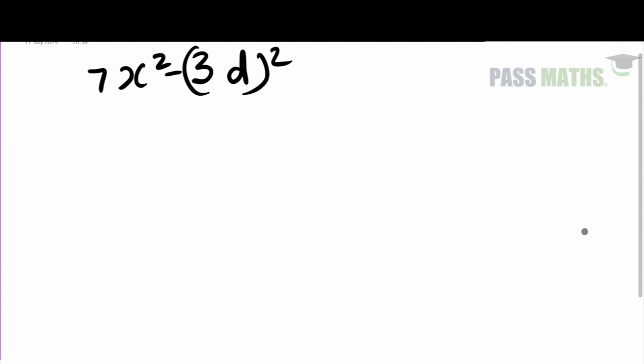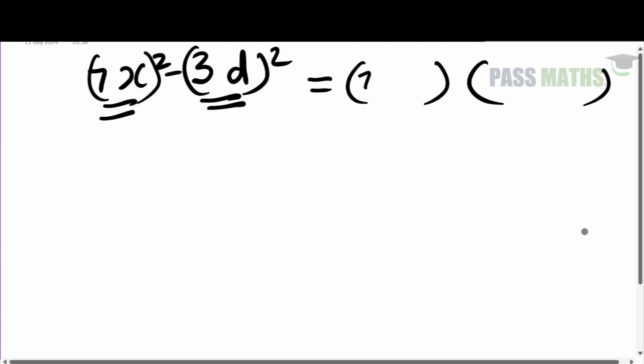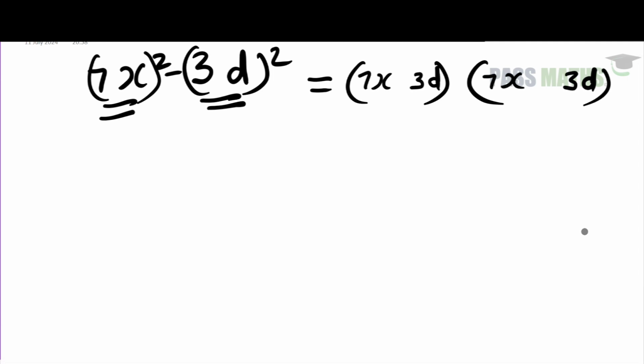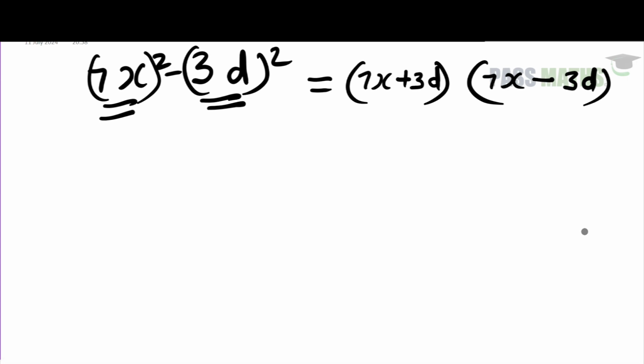Now these are the difference of two squares. 7x squared, 3d squared. So what we can do, we put two brackets first. Then we do 7x, 3d, 7x, 3d. It doesn't matter, you put plus here, minus here or other way around. So 7x plus 3d, 7x minus 3d.